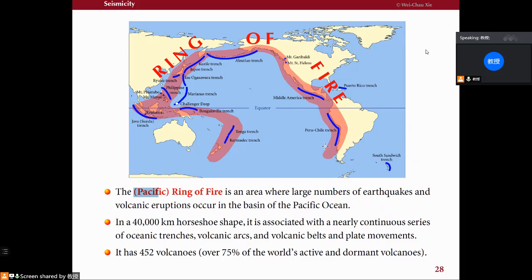It is associated with a nearly continuous series of oceanic trenches, volcanic arcs, and volcanic belts and plate movements. Okay, along the Ring of Fire, it has 450 volcanoes, over 75% of the world's active and dormant volcanoes.